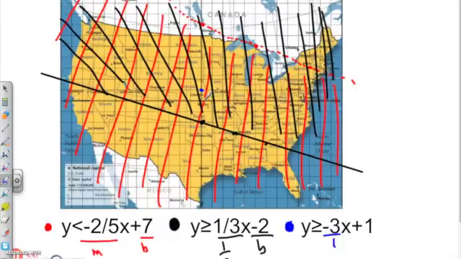So we're going to go down 1, 2, 3, and over 1. And we're going to go 1, 2, 3, and over 1. Alright, this time it is again a solid line because we have the equal to part. So I'm going to draw this the best I can.